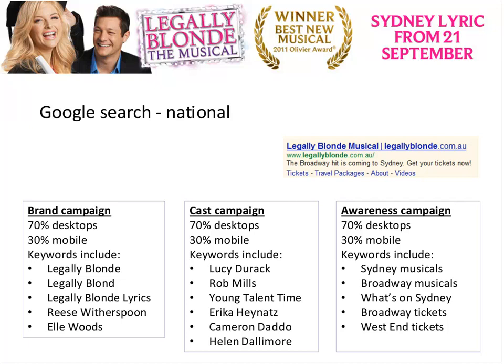So we often will spend money on generic keywords like Sydney musicals, what's on in Sydney, Broadway tickets, any of those generic words that are indicative of someone who may be interested. Now, we pay a lot more for this awareness campaign section of our Google search budget.